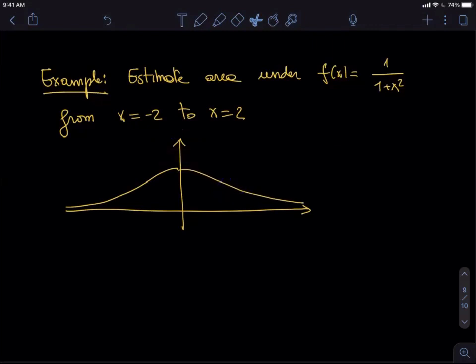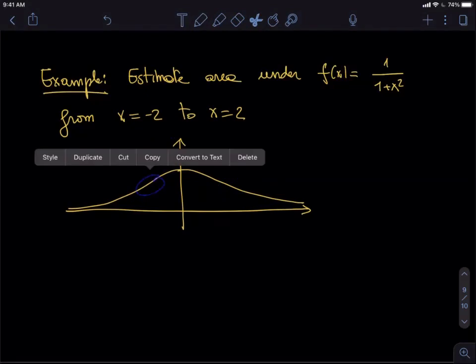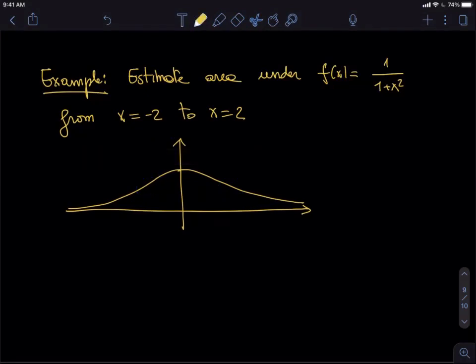It has a maximum at 0, and then it decays asymptotically towards infinity and negative infinity. And let's say -2 is here and 2 is here. Somewhere here.